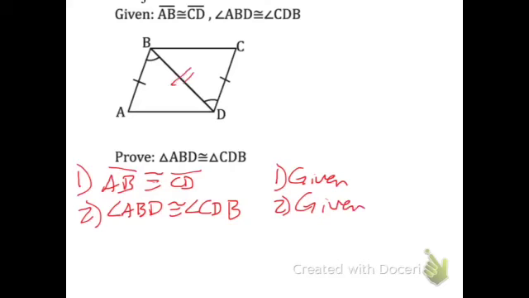We know those are congruent because they're given. And we also know the side that they share is congruent for both, and that's by the figure itself. So we know BD is congruent to BD, and that's by the reflexive property.